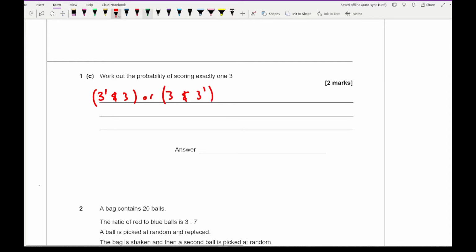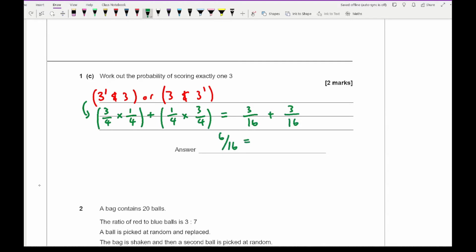Now the probability of this happening is going to be 3/4 multiplied by 1/4. Plus, or means plus. So then I'm doing 1/4 multiplied by 3/4. And if I then simplify each bracket, so that's going to be 3/16 plus, and then work out the second. That's going to then give me 6/16, which simplifies to give me 3/8.